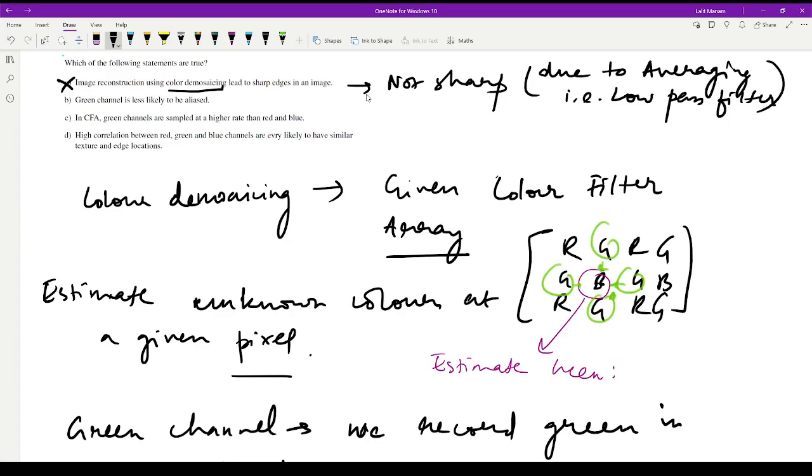Here the signal is an image, so you need to know the highest frequency in the image, and based on that, sample all the colors R, G, and B. But we don't do it that way. We directly assign R, G, and B without understanding how much frequency content is present in the image.